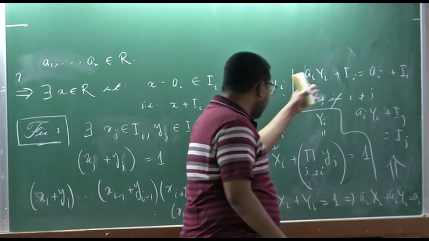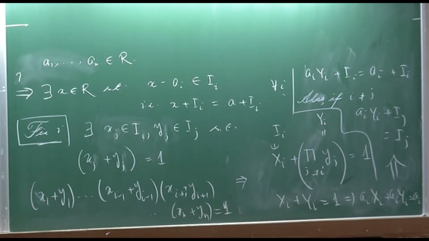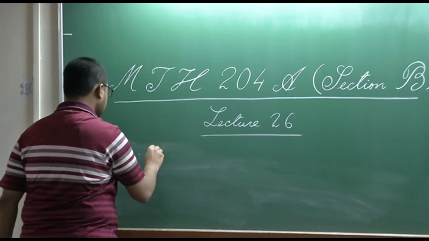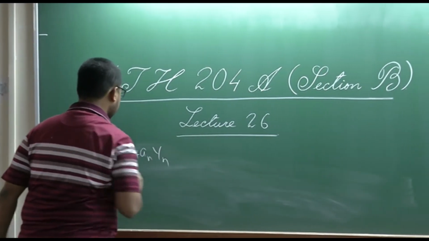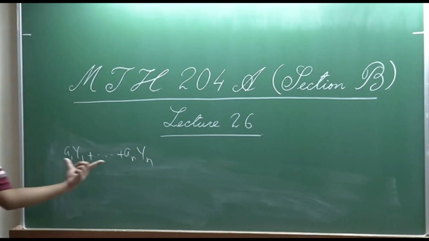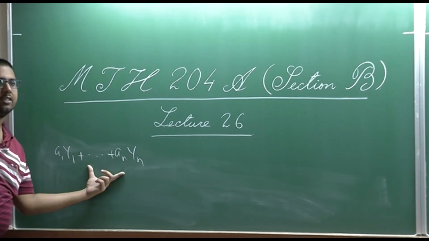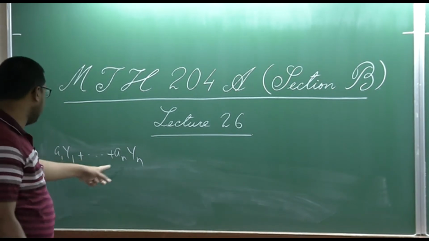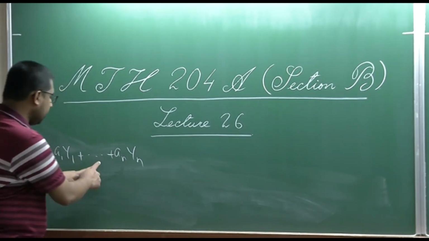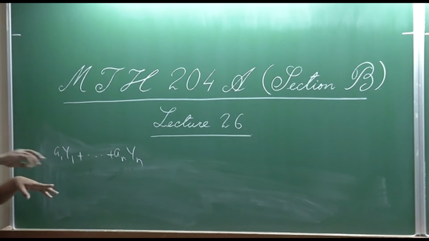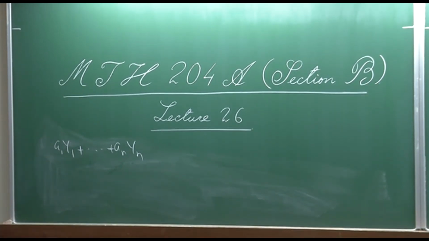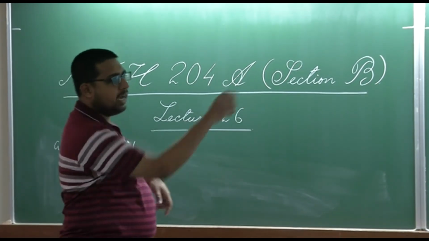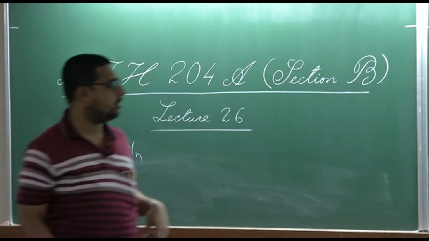So, now we know how to deal with the rest. It's almost ready. We will simply take the sum of the a_i y_i. Okay. So, we will look at its coset modulo I_i. If I accept the ith term, all other terms will be 0 modulo I_i, and the ith term will be a_i modulo I_i, right.